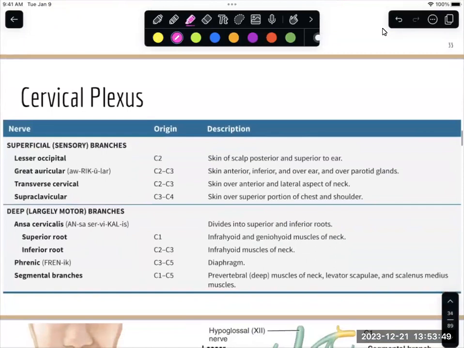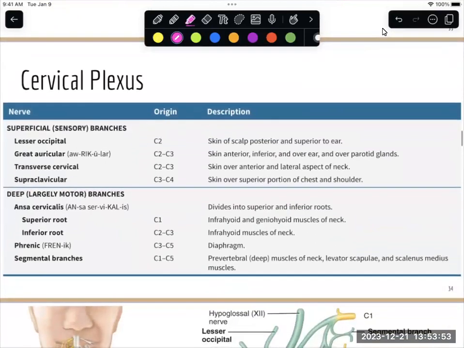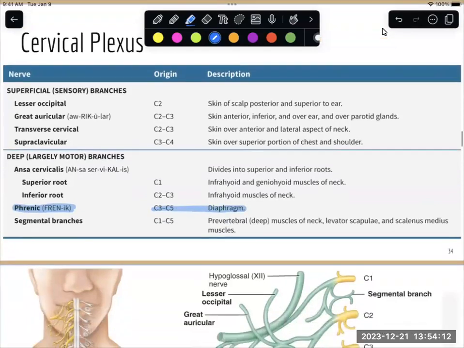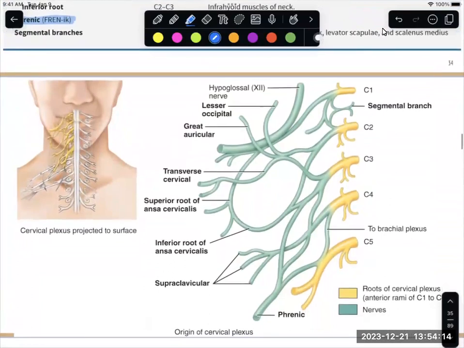So of the different nerves that come off of the cervical plexus, the main one that you need to know is the phrenic nerve. And I said it's C3, C4, C5. The little saying that I learned that helped me was C3, 4, 5 keeps you alive. If it works, great. If not, oh well.